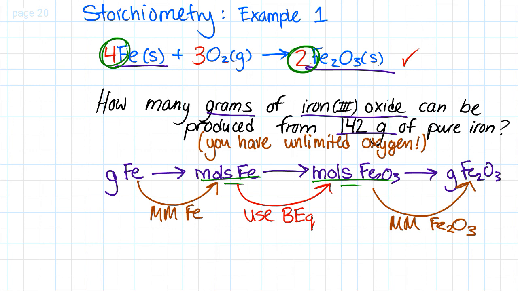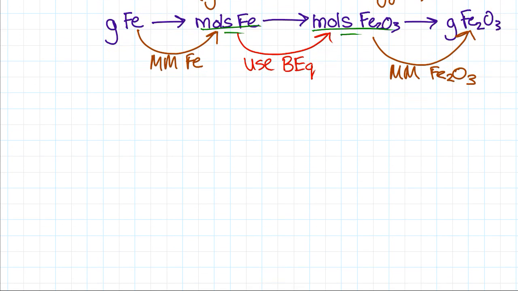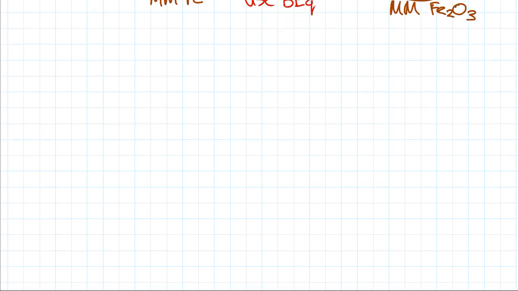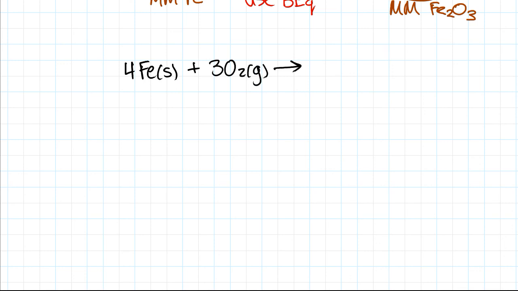So I'm going to rewrite this down here so we have all the room we need. The equation we're looking for is 4 Fe, which is a solid, iron is solid, reacts with oxygen gas, 3 O2, to produce rust, which is iron 3 oxide.